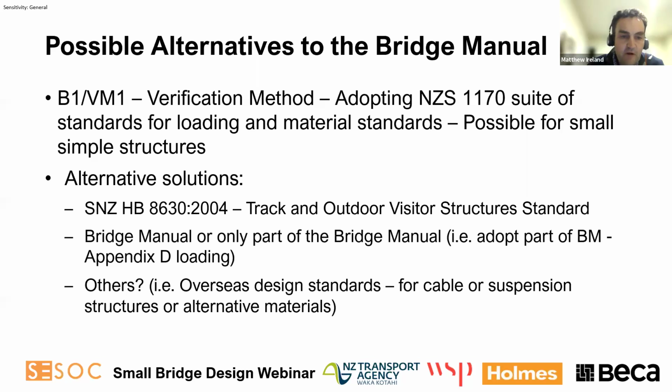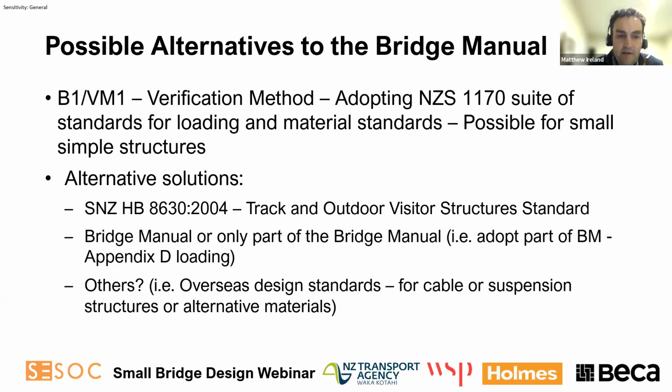But then there's other times where we might actually need to use a different alternative solution instead of the bridge manual. If you read the scope at the start of the bridge manual, it clearly says that it doesn't cover cable or suspension or cable-supported structures. So if you've got one of those, you're going to need to look for a different guidance document, which will probably come from overseas.